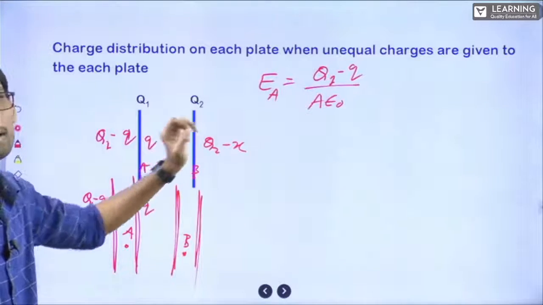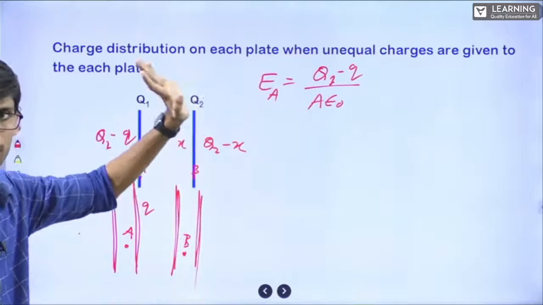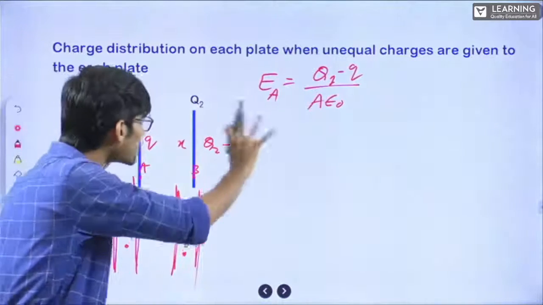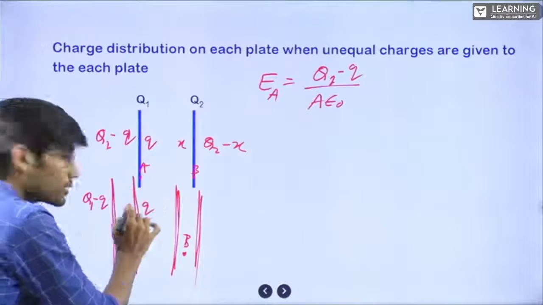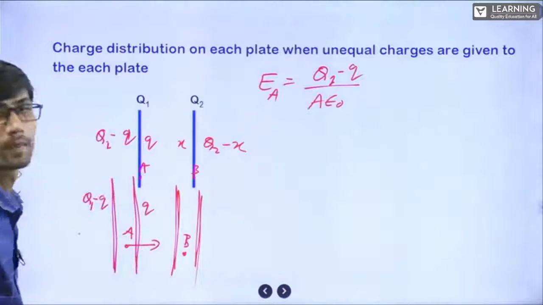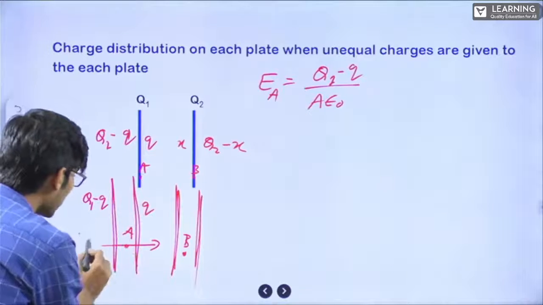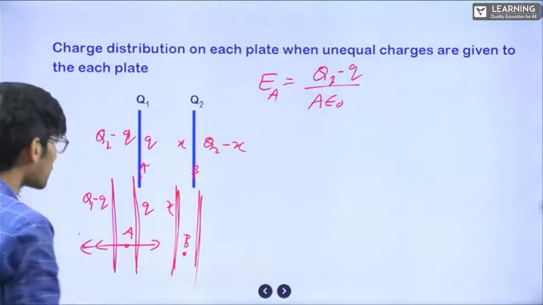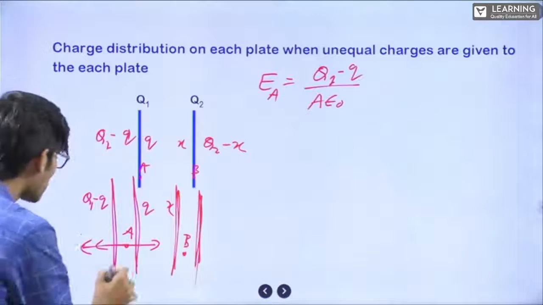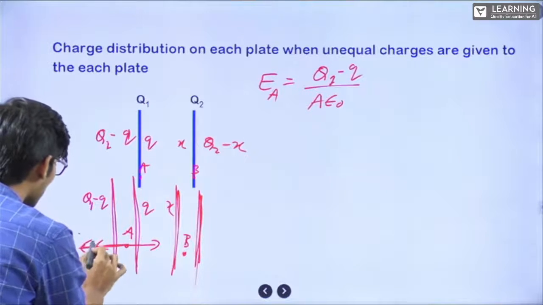Whatever will be the charge, whether negative or positive, it will come finally. If I consider all the charges as positive, due to this charge, the electric field will be in this direction. Due to this charge, the electric field will be in this direction. Due to this X, the electric field will be in this direction, opposite. Due to this Q2 minus X also, the electric field will be in this direction, opposite, correct?